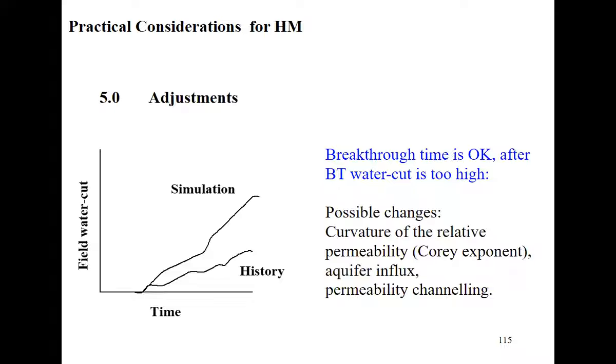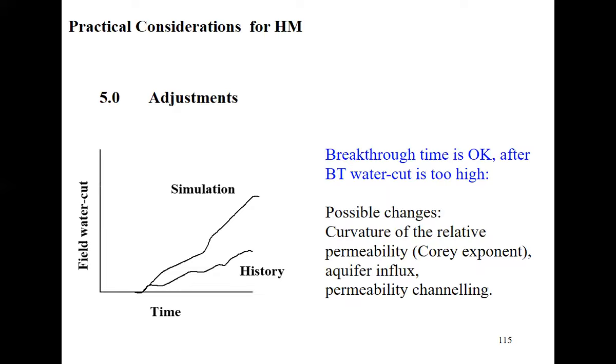Possible change, we have to look at the curvature of the relative permeability, Corey exponent, for example. We may adjust our aquifer influx. We may see if we have a channeling, and then we have a permeability streak, which is generated by simulation, but in reality it is not.